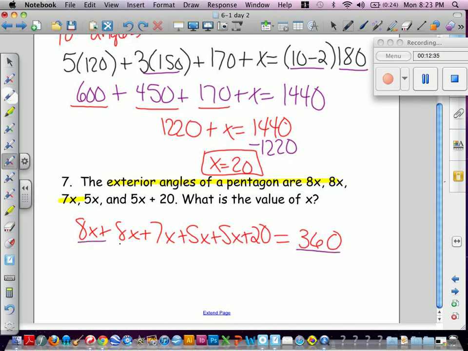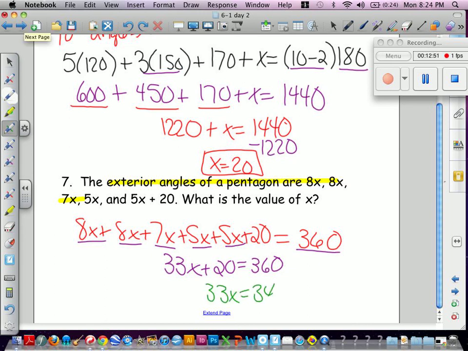Get your like terms together again, add those all up. 33x plus 20 is 360. Move your 20. 33x equals 340. And this one doesn't work out to be an integer. Divide by 33. x equals 10 and 10 33rds.